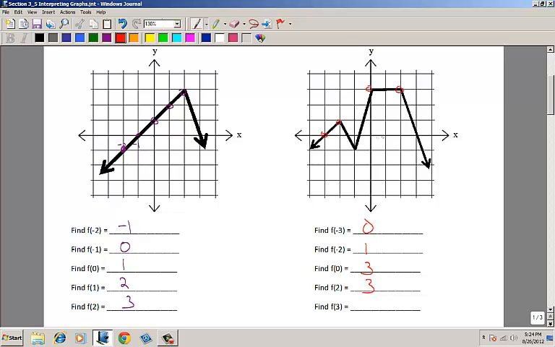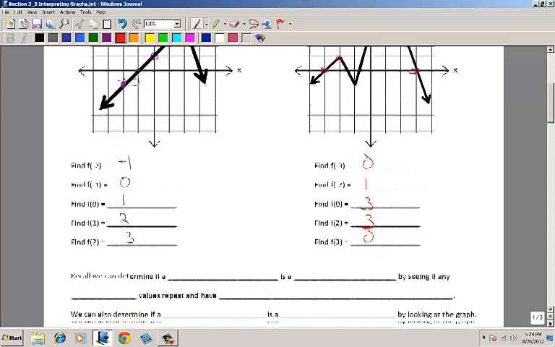And f of 3 is 0. So, just like we could find function values by substituting the number or variable in for x and evaluating, we can find a function value given a graph by going to that x-coordinate and finding the corresponding y-coordinate.